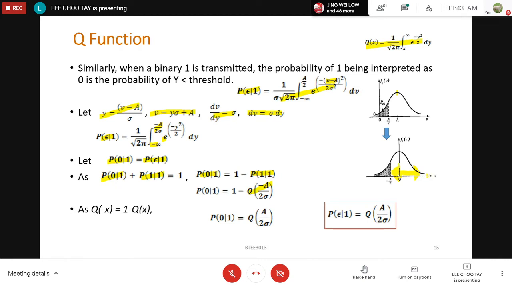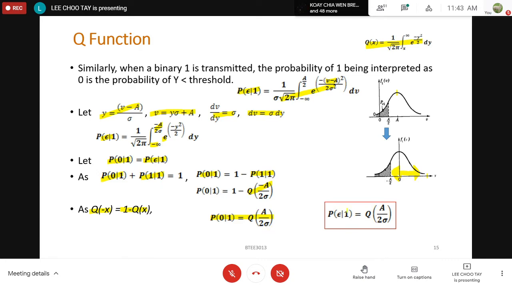And the Q function has a property that Q of minus x is equal to 1 minus Q of x. So if I substitute this into this equation, Q of minus A over 2 sigma is actually 1 minus Q of A over 2 sigma. So 1 minus 1 gives me the 0, and the probability of 0 being detected with the 1 being sent is Q of A over 2 sigma.